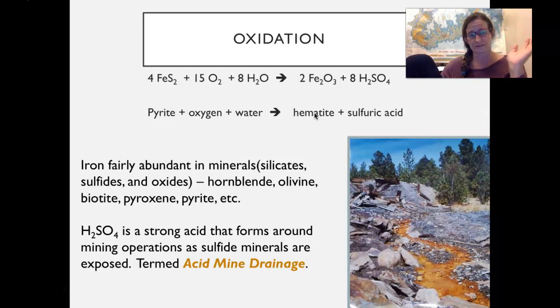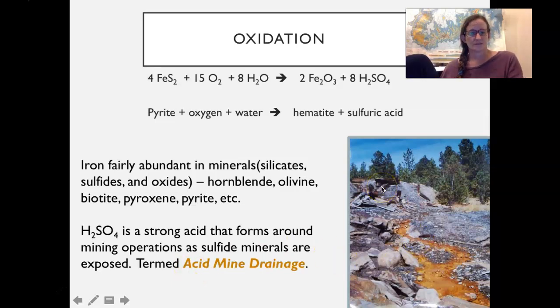And then there's a release of sulfuric acid. This is a very common reaction that happens in old mines. So I have highlighted here the term acid mine drainage, and an image here of an old mine.